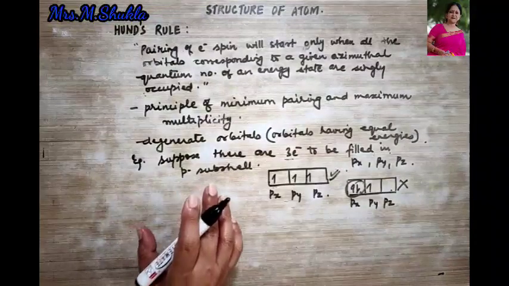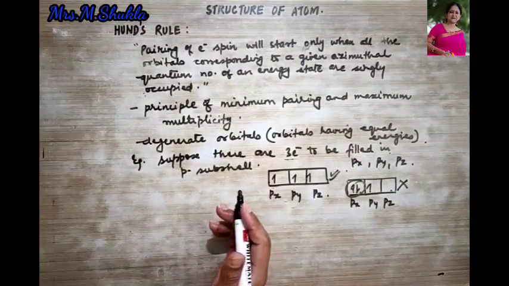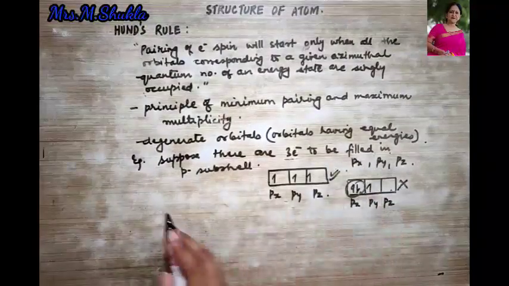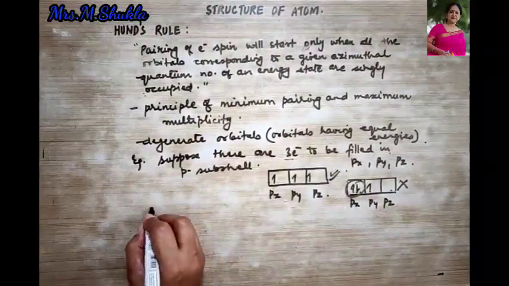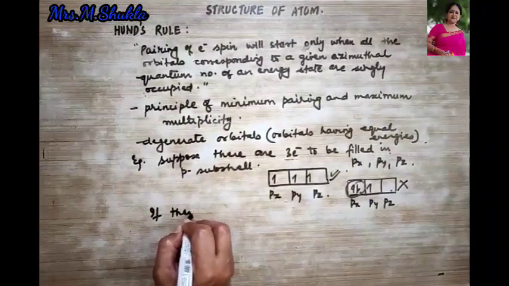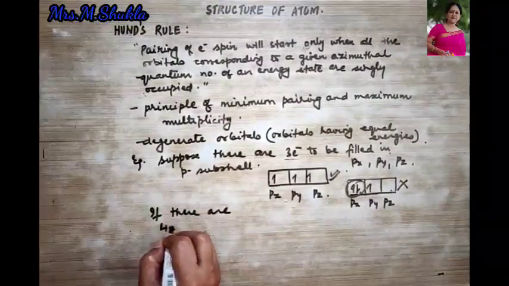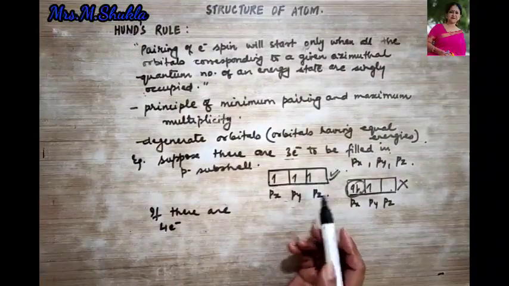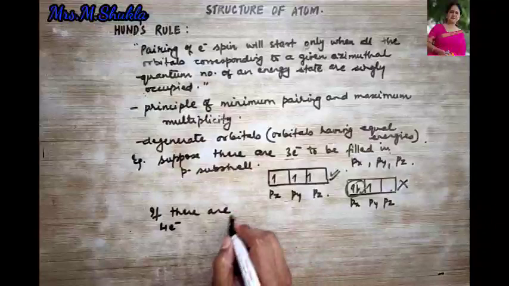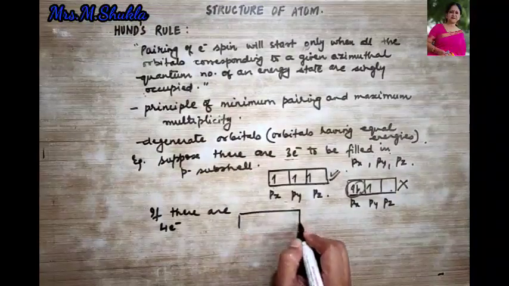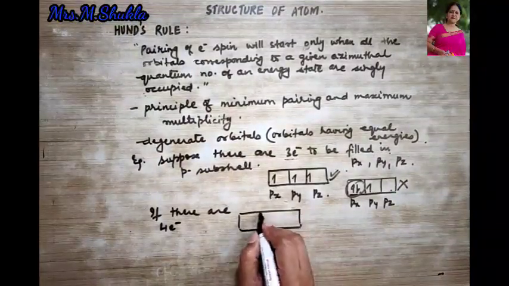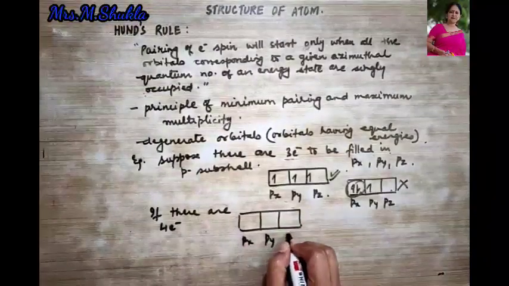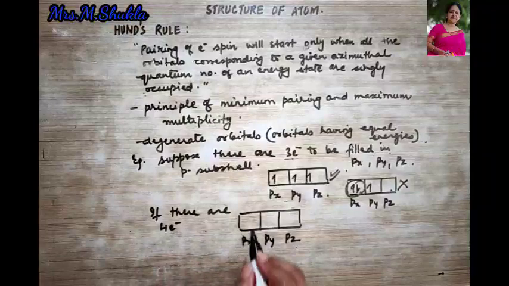Okay. Now, suppose there are 4 electrons to be filled in this Px, Py, Pz. Then in that case, what will happen? 4 electrons means more than the degenerate orbitals. Now the pairing of the electron spinning will take place. So over here, how are we going to show? Px, Py and Pz. There are 4 electrons.